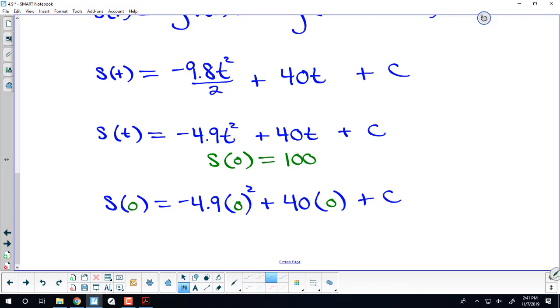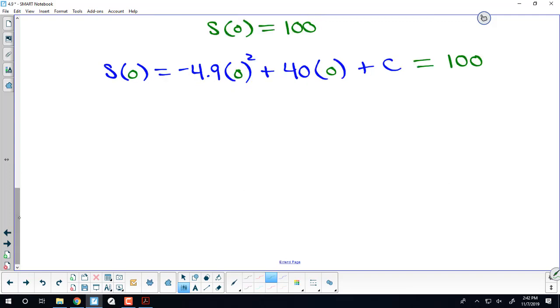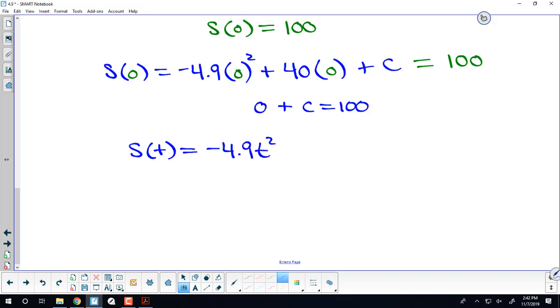S of 0 has to be 100, so c is 100. So then s of t is negative 4.9 t squared plus 40t plus 100.